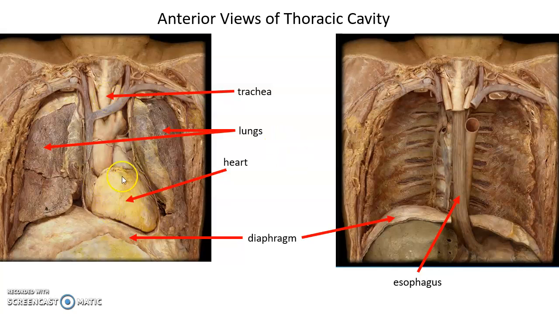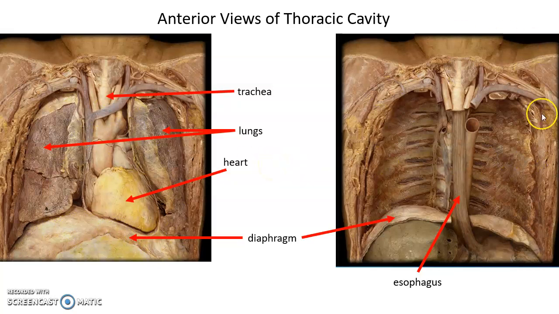Here is the heart. Heart is found wrapped around by the pericardium or pericardial membrane. Heart is in the pericardial cavity, as well as the mediastinum, as well as the thoracic cavity. Here is the diaphragm, a muscle very important for breathing. Sort of forms the border between the thoracic cavity and the abdominopelvic cavity.